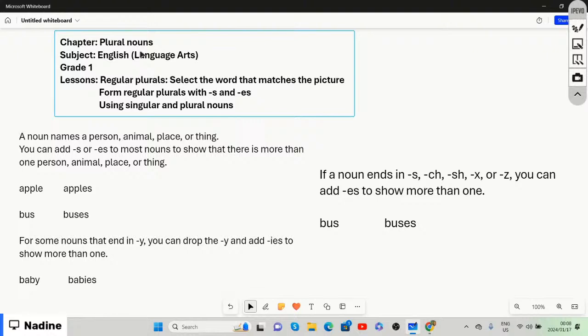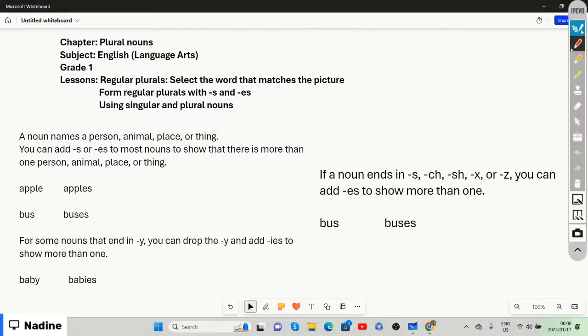All right. If we look at the example, the first one says apple.